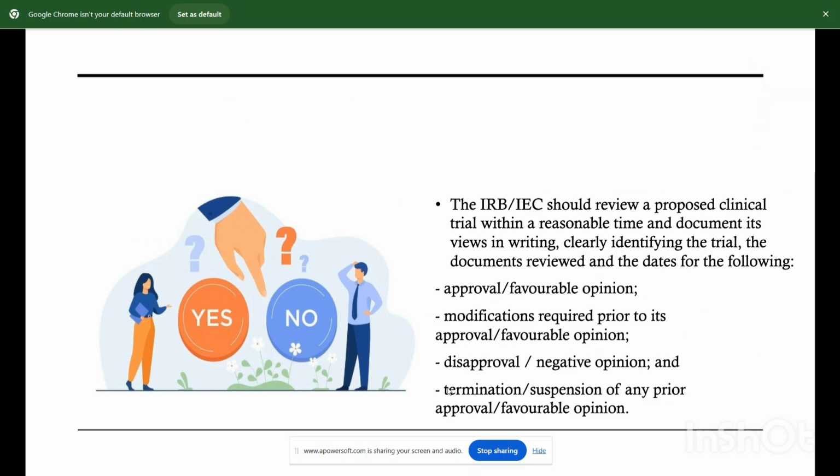Or they may decide to disapprove the trial for some reason. They can disapprove the study, or they can terminate or suspend the study. So different decisions can be taken by the EC according to the situation.